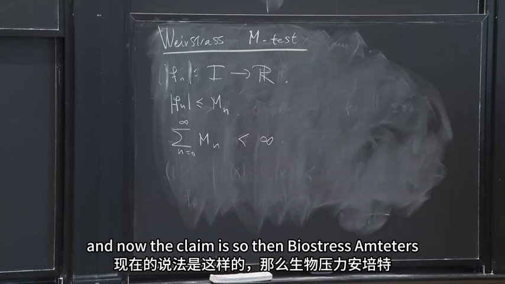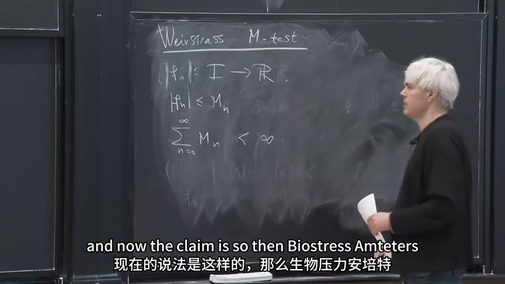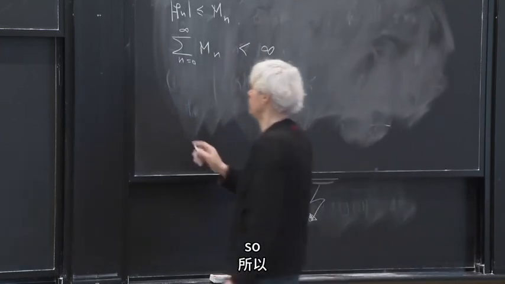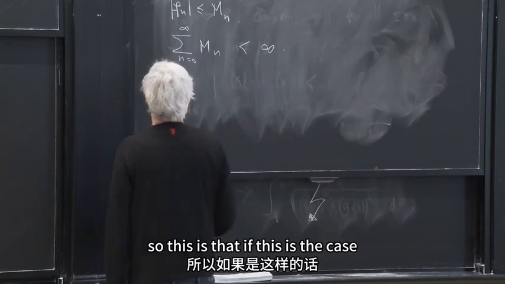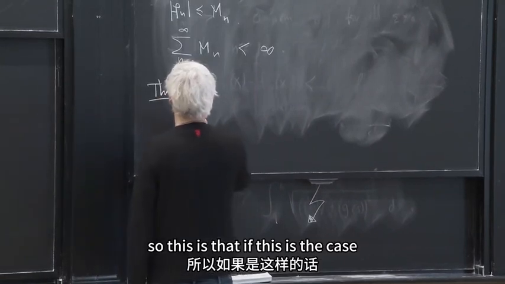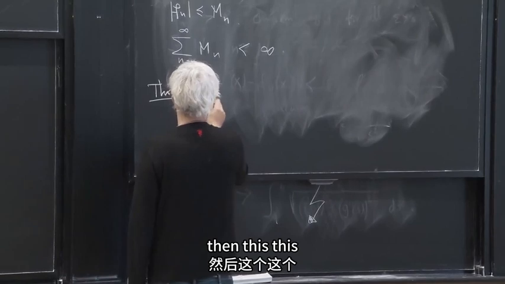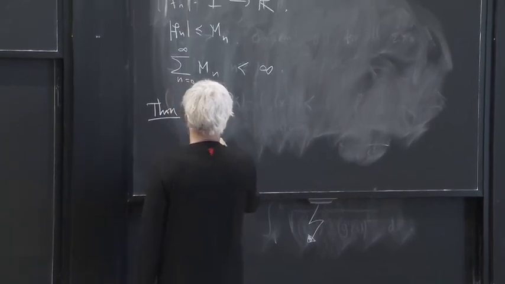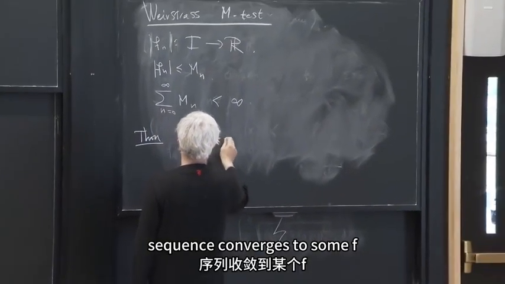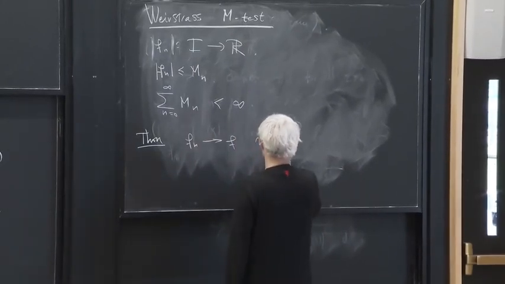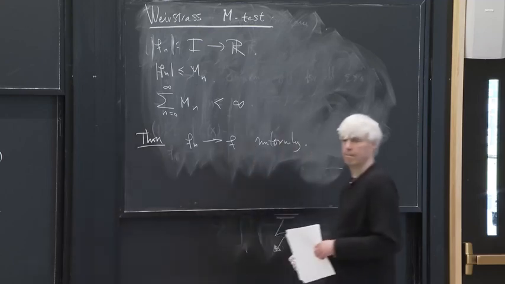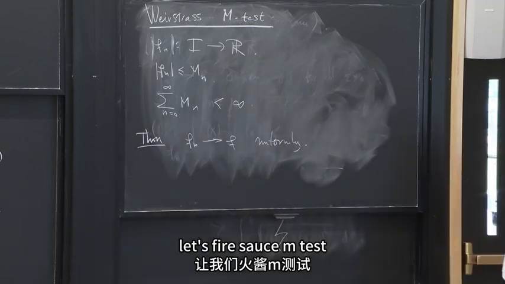And now the claim is that if this is the case, then this sequence converges to some f uniformly. Okay, so that's the Weierstrass M-test.